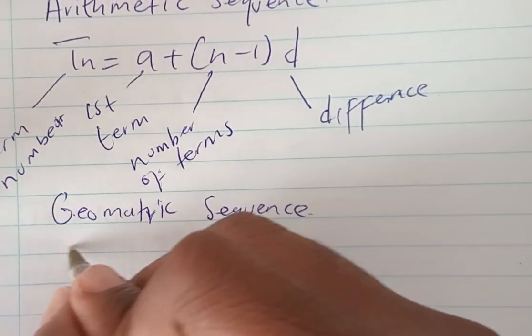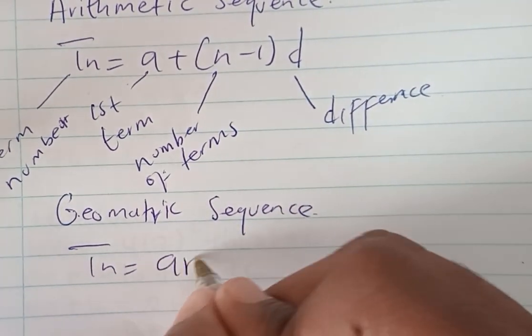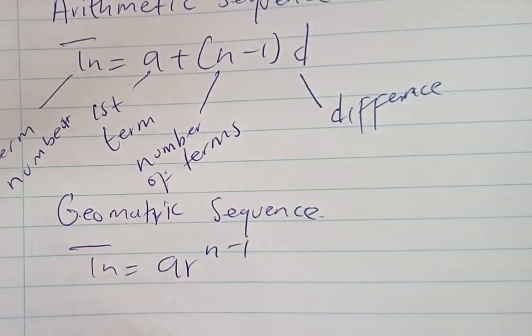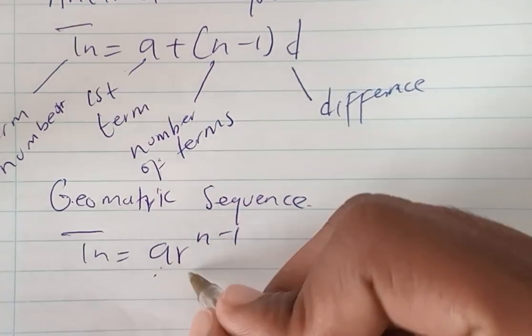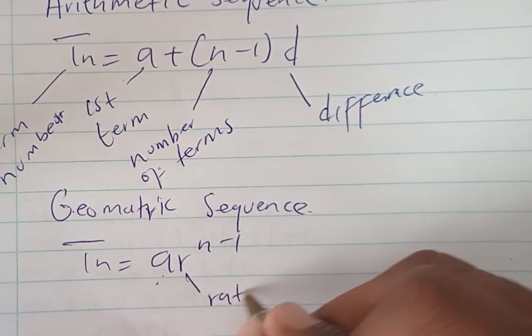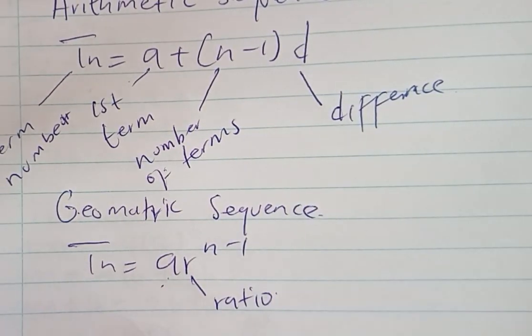For geometric sequence, the general formula is this one. A is still the first term, r is the ratio, and n is still for the nth term.